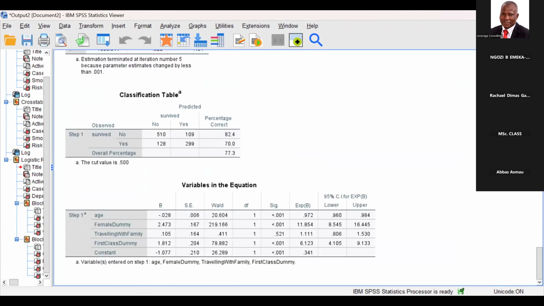You will see, if you look at the age, it is significant. But if you look at it, what is it telling you?